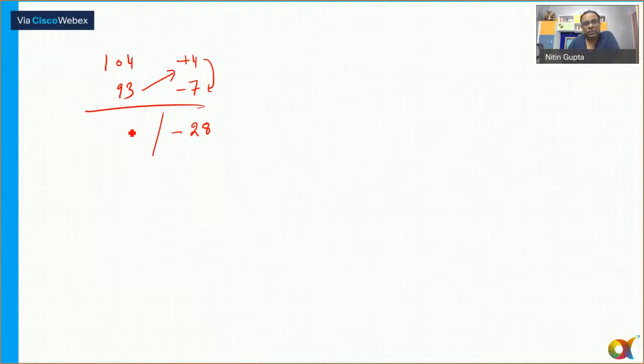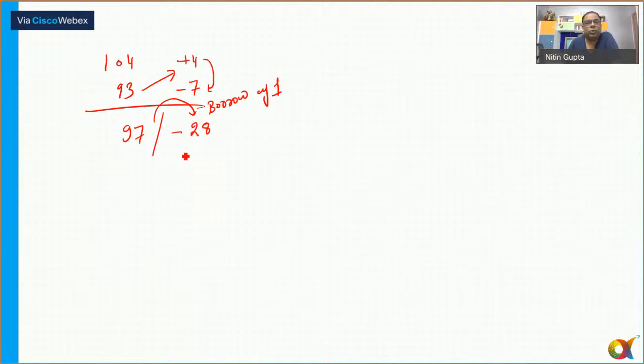And add these two. 93 plus 4, that is 97. If the last part is negative, then what to do? In that case, you need to take a borrow from the previous term. Take a borrow of 1. If I take a borrow of 1, it will become 100 minus 28. You just need to take its complement.